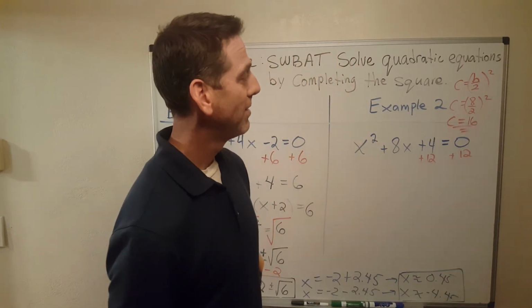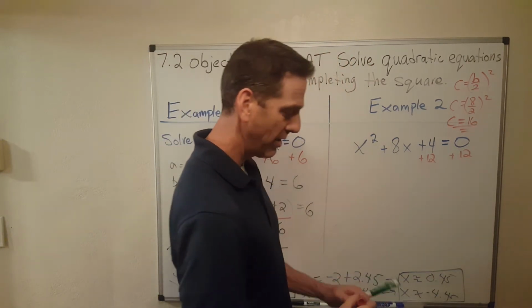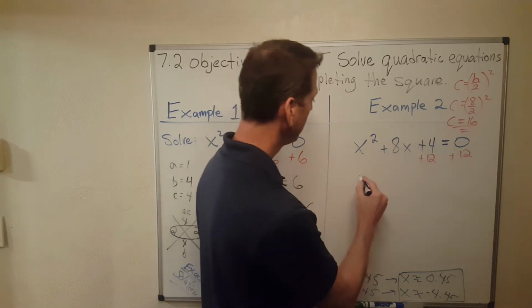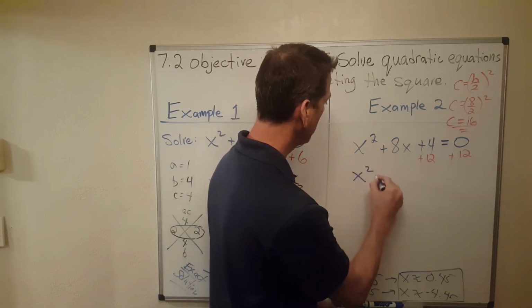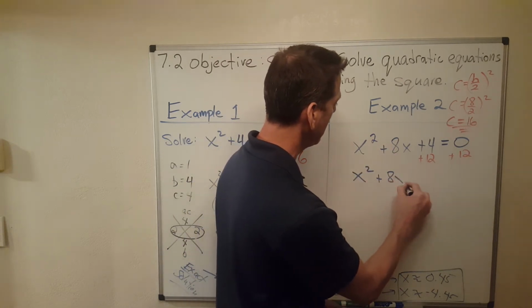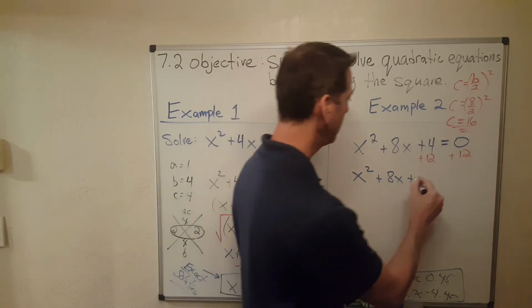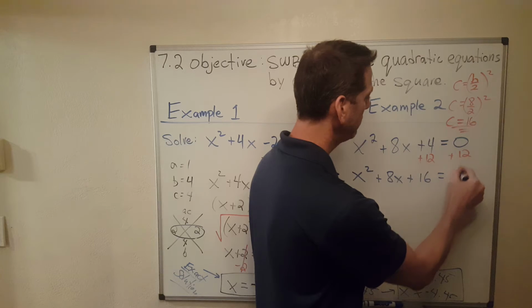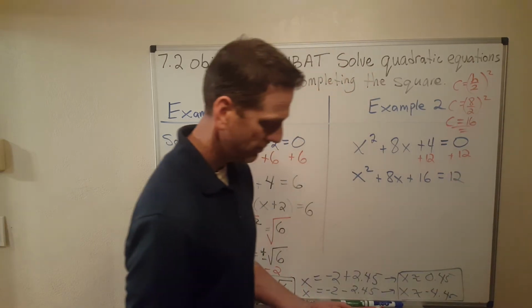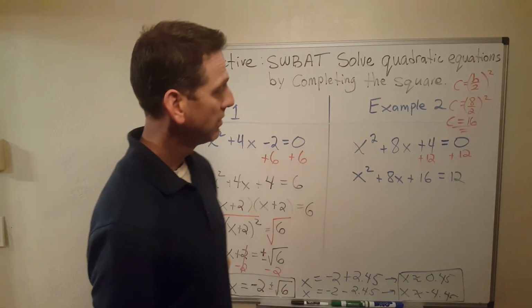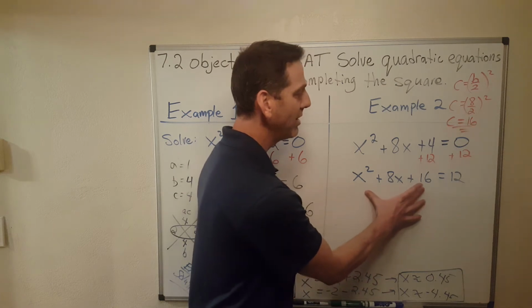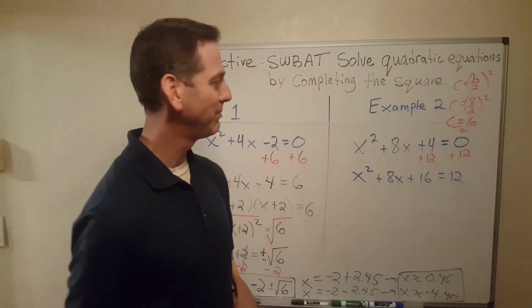Okay? So let's go ahead and bring down our results. So I have x squared plus 8x plus 4 plus 12, which is 16, equals 12. All right. So now I have a nice perfect square trinomial.